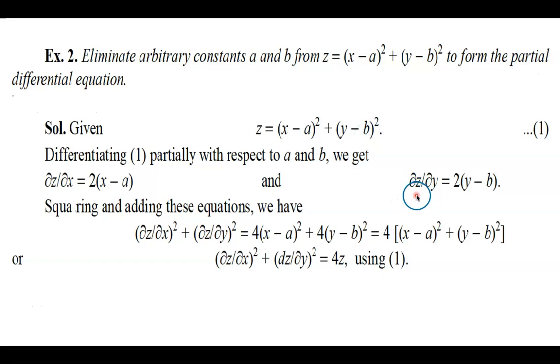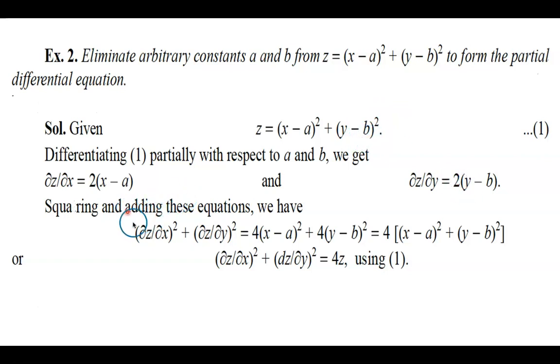And when we differentiate the given relation with respect to y partially, we will get dou z by dou y equal to: the derivative of (x minus a) whole square will be equal to 0.